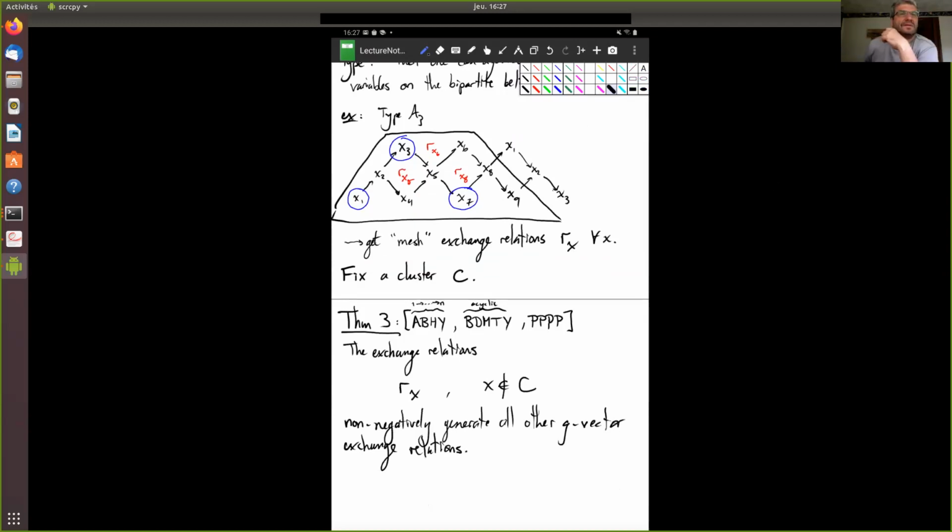In particular, the number of facets of the type cone is big N minus small n. So in particular, the type cone is simplicial.